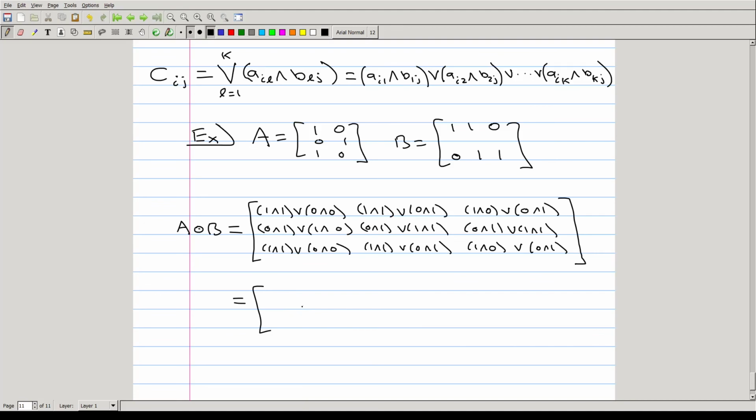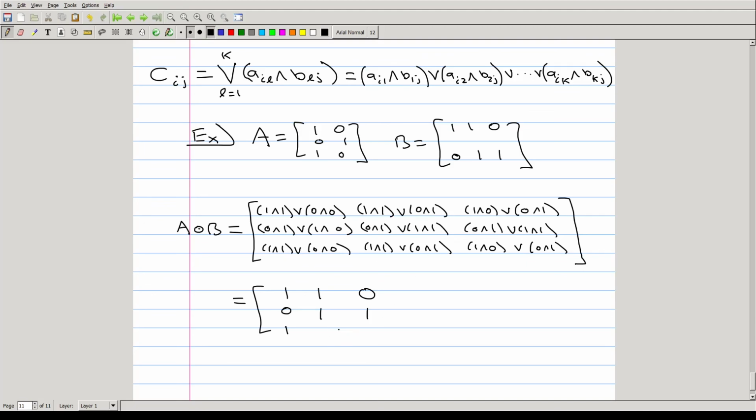And this is going to be 1, this is going to be 1, this is going to be 0 because each of these is false, this is going to be 0. This is going to be 1. This is going to be 1. This is going to be 1.